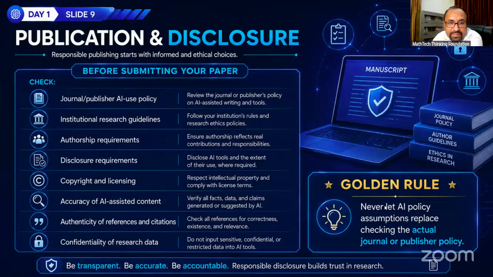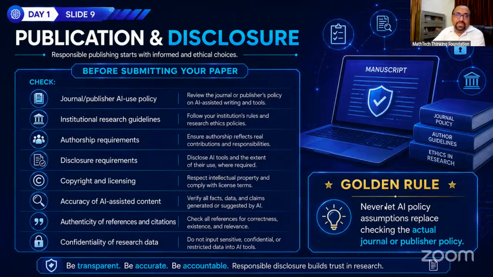Another critical point is that AI should not be treated as an author simply because it generates content. An AI system cannot take responsibility for the integrity of a research paper in the same way that a human author can. Therefore, the researcher must remain accountable for the final manuscript.